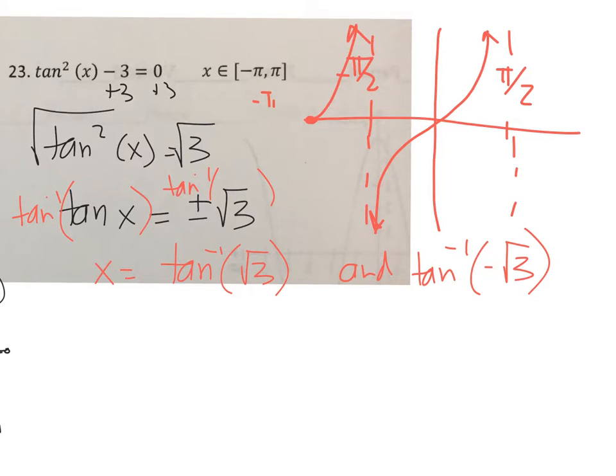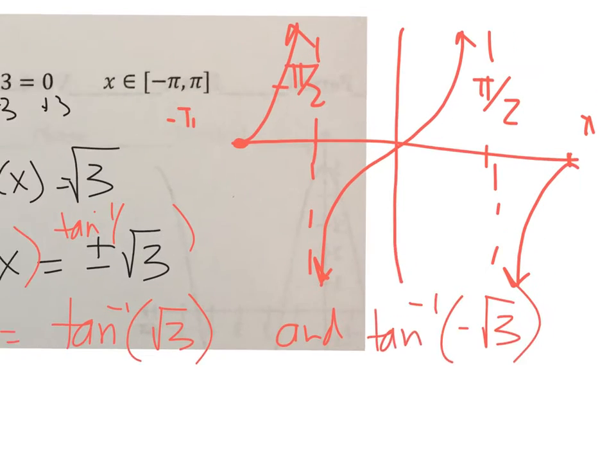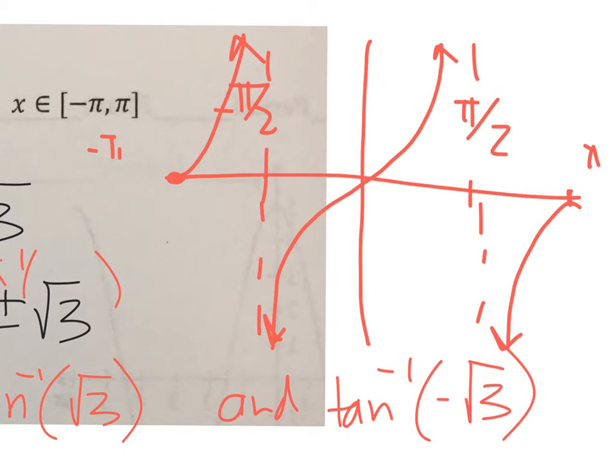Tangent has that side of negative pi, and here's regular pi over there. Tangent has this side. So we're looking for the places where tangent is radical 3. So let's make that right here, root 3, and where tan is negative root 3.